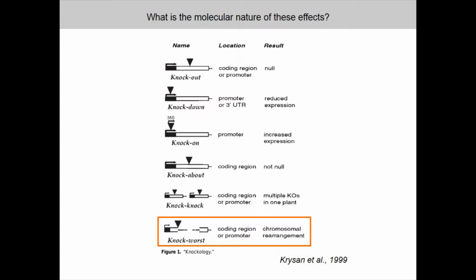Chryson et al. defined this knockology here because we have these alternative events such as reduced expression, increased expression, and these other situations here. Of course, all of these can basically be tracked down in terms of where the position of the tDNA insertion occurs. So if it's proximal to a gene, you can pre-screen these to avoid these events to some extent.